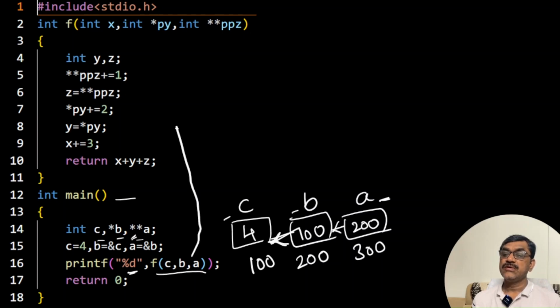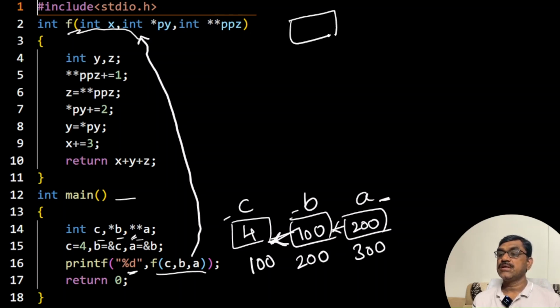So from this, we are moving the control to the function definition f. Here, you take three variables: x, py, and the last variable here is ppz.